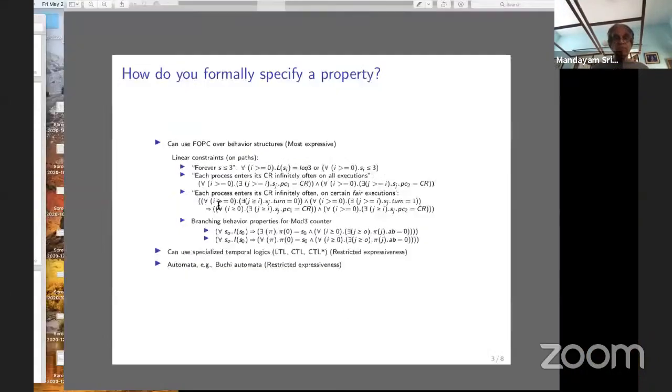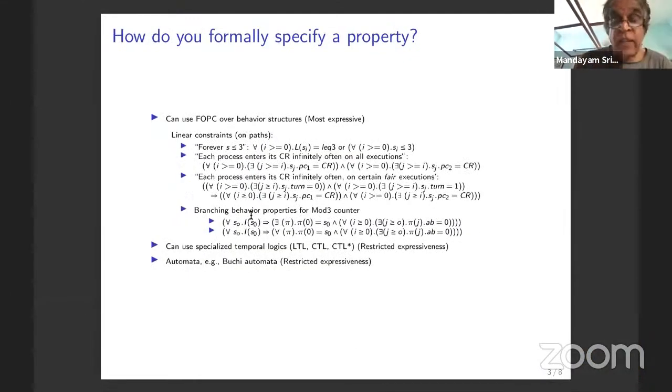But proving things in first order predicate calculus is a hard thing, because first order predicate calculus is very powerful. First order predicate calculus by itself is undecidable, so you can forget about proving things automatically.